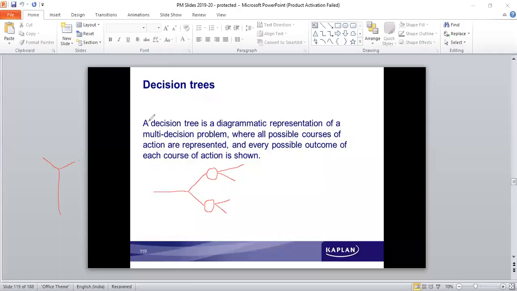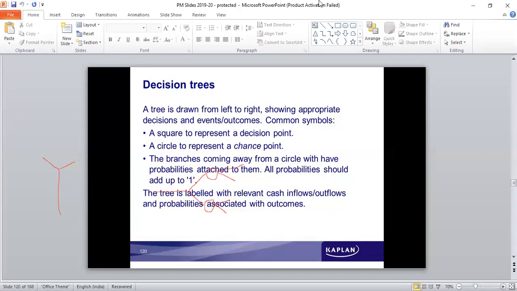See, it says that a decision tree is a diagrammatic representation of a multi-decision problem where all possible courses of action are presented and every possible outcome of each course of action is shown. Then it also says that a tree is drawn from left side to right side, so it is drawn from this side and then split into the alternatives, showing appropriate decisions and events or outcomes.